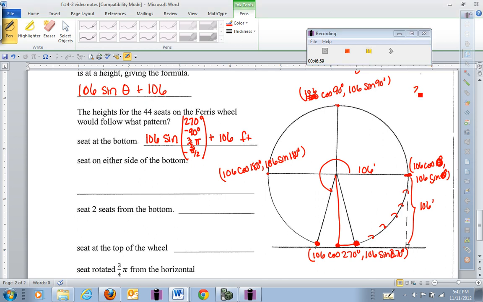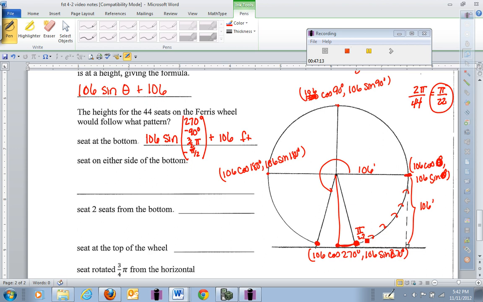The whole distance around our circle is 2 pi, and we're going to divide it up into 44 equal spokes. So that's pi over 22. So if we were here and we went forward, this one would be at pi over 22.